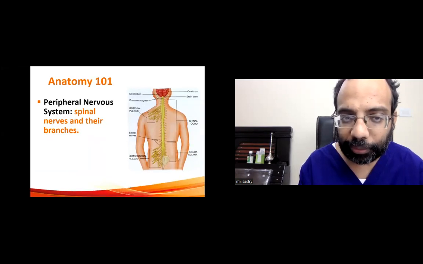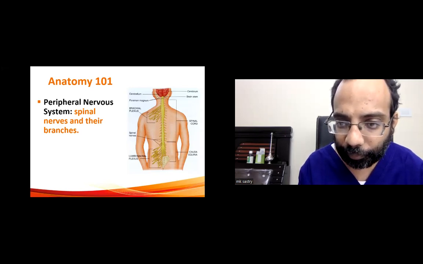These are the spinal nerves and their branches. You can see the branches of the spinal nerve, and this is the foramen magnum, cerebellum. This is the cauda equina. This is the lumbar plexus.